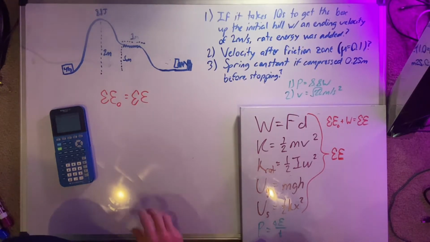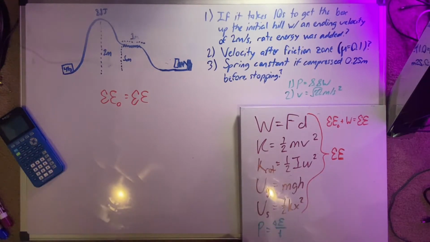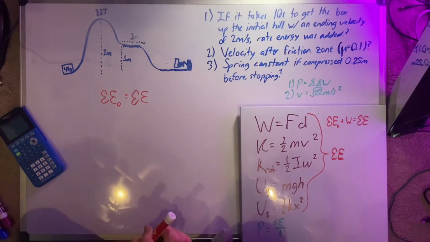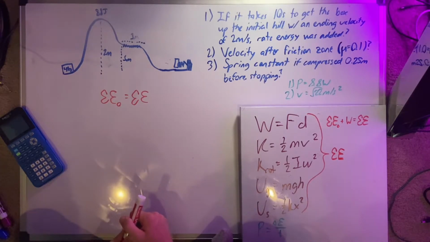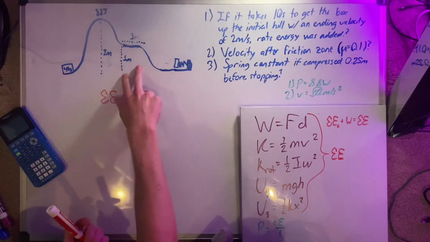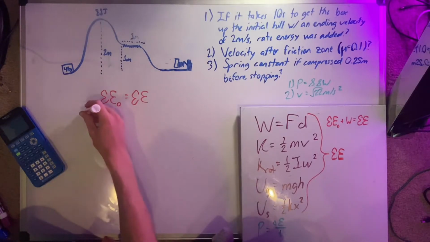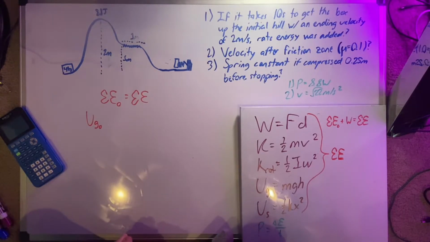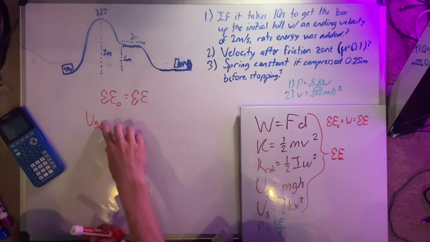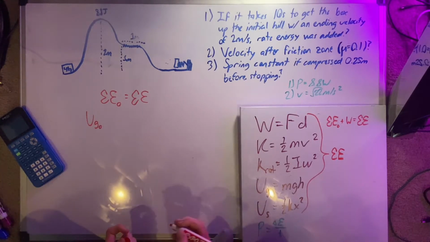So now that we have this, I'm using red. I don't know why, but I'm using red. Now we have our sum of energy initial. We know because we're up on a height, we have a UG, and I'm going to put initial.